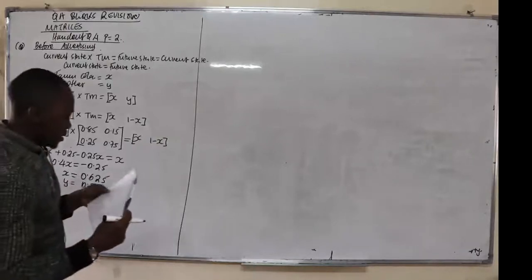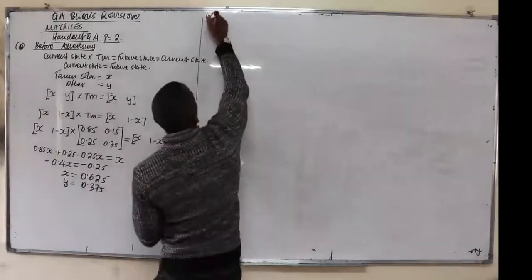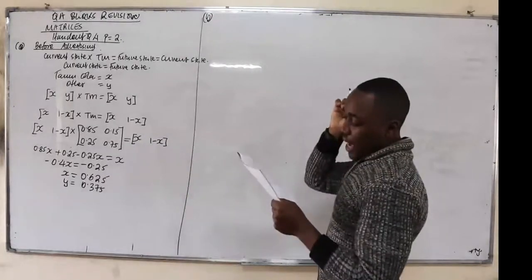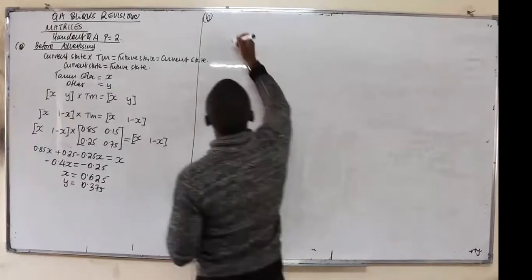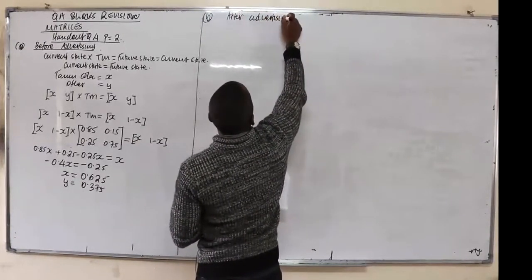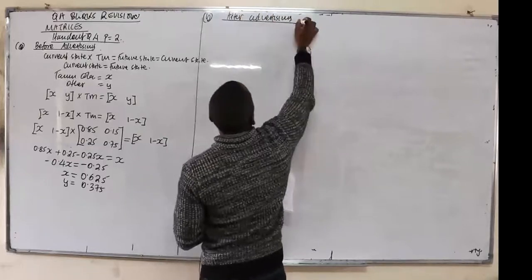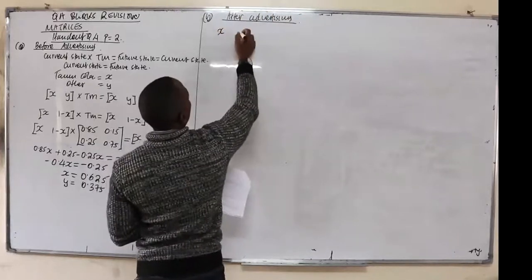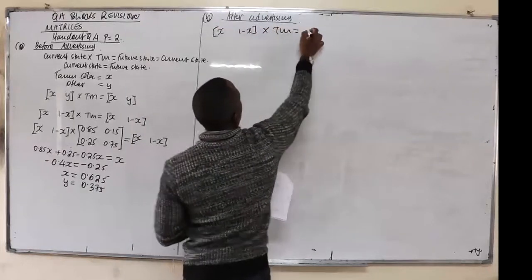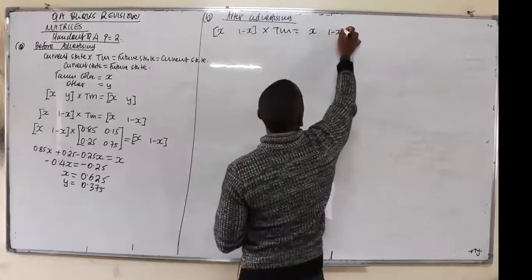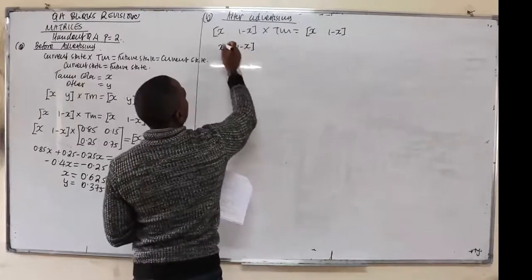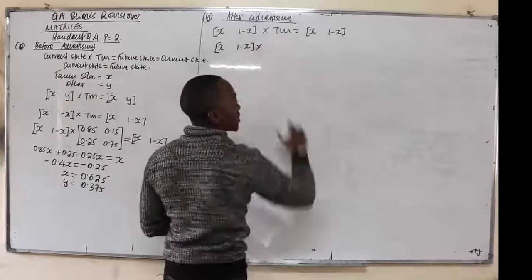Let's go to part B. Part B is the equilibrium state proportions of Tamukora soda after the advertising campaign. So after advertising, you'll be taking X, to get Y it's 1 minus X, times the transition matrix, of which you should get X, 1 minus X. So take X, 1 minus X, you multiply by the transition matrix after the advertising.